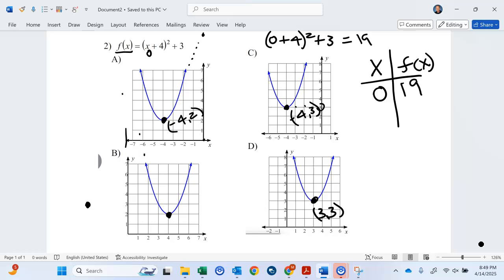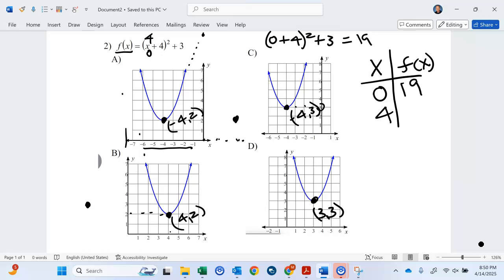When this is 4, this is 2, right? When this is 4, this is not even there. So 4 would be about here, because these are all negative, right? 1, 2, 3, 4. So let's try 4 because it's a positive number, okay? We're going to put 4 into this equation right there.